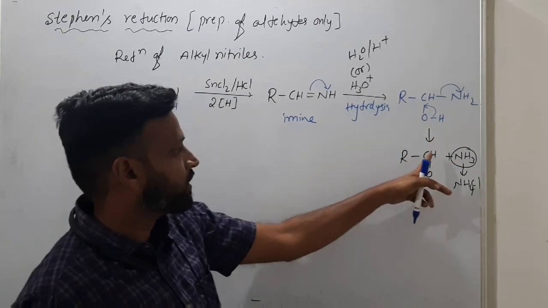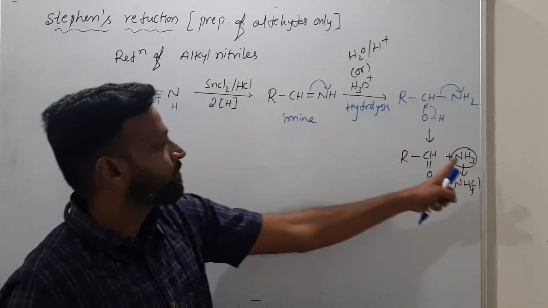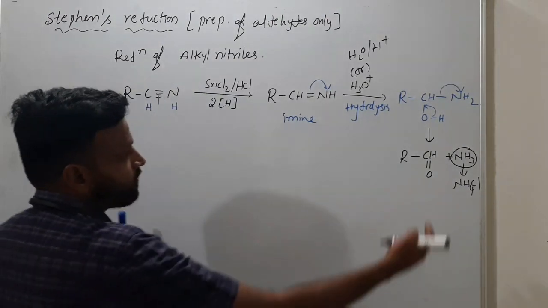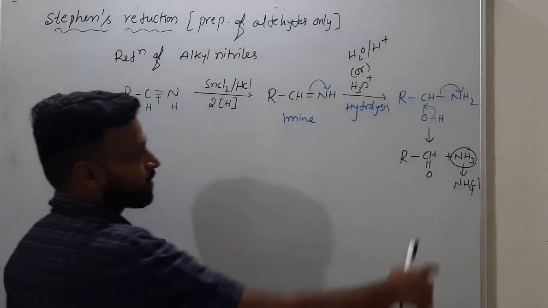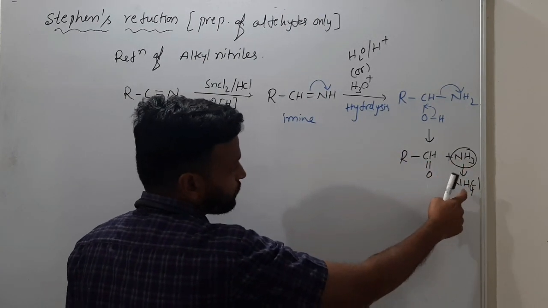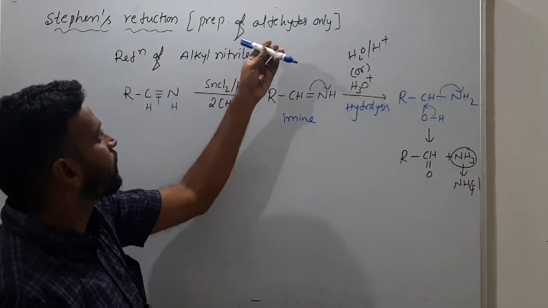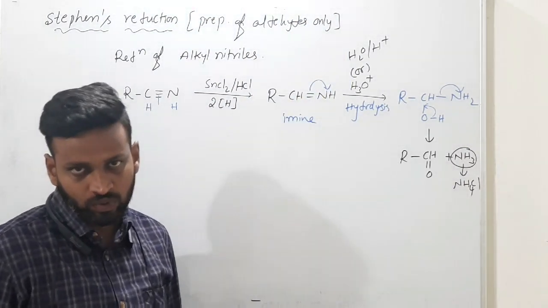For the migration we are having RCH double bond O. NH3 is neutralized with HCl. Otherwise ammonia you can add here as a nucleophile addition. So to neutralize we use HCl. So NH3 is converted to NH4Cl. This is what Stephen's reduction is, preparation of aldehydes only, no ketones.